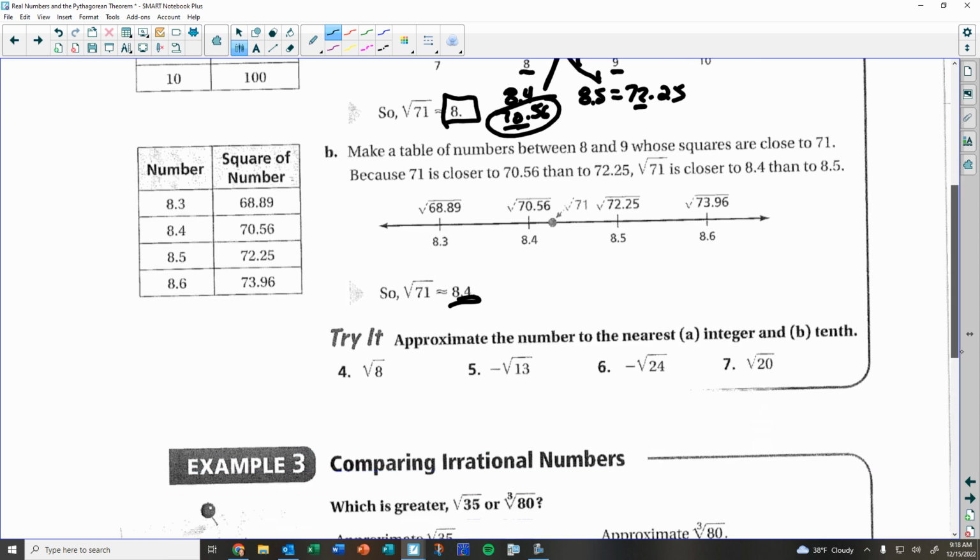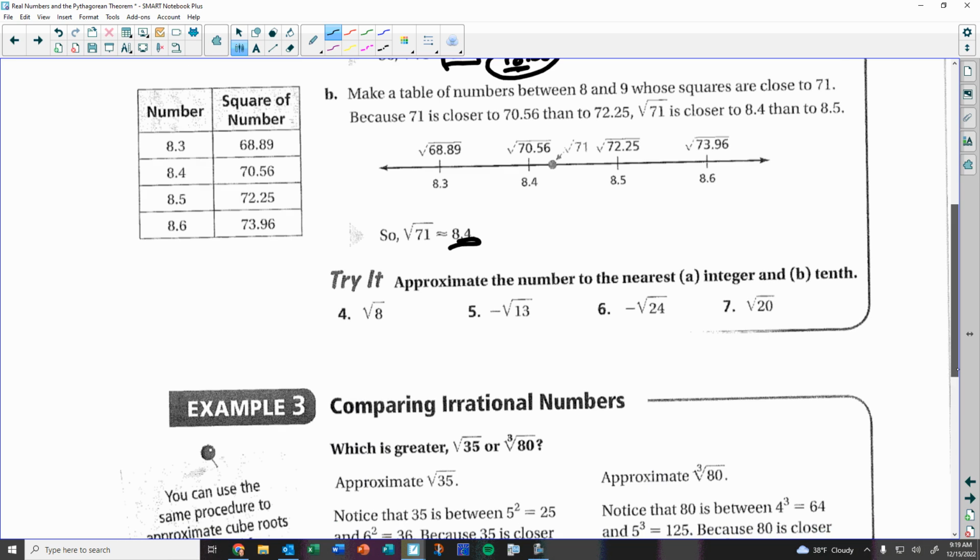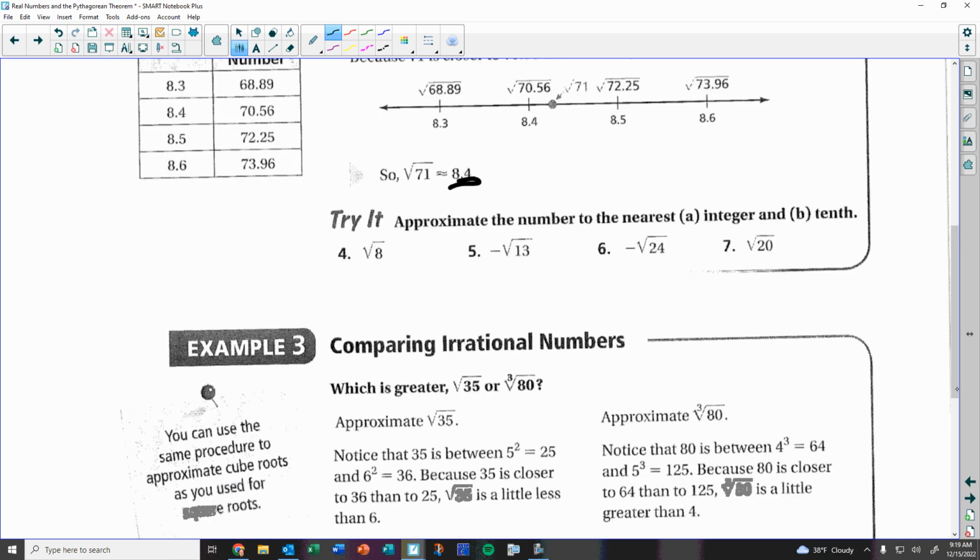So let's try one together down here. Okay. Square root of 8. We know that's not a perfect square, right? Think of the two perfect squares that the square root of 8 falls between. What two perfect squares does the square root of 8 fall between? And then what are the roots?